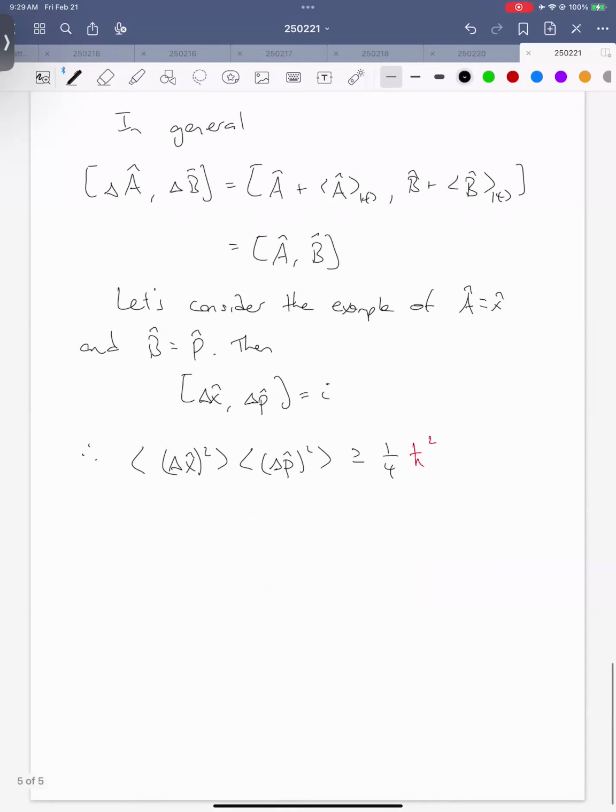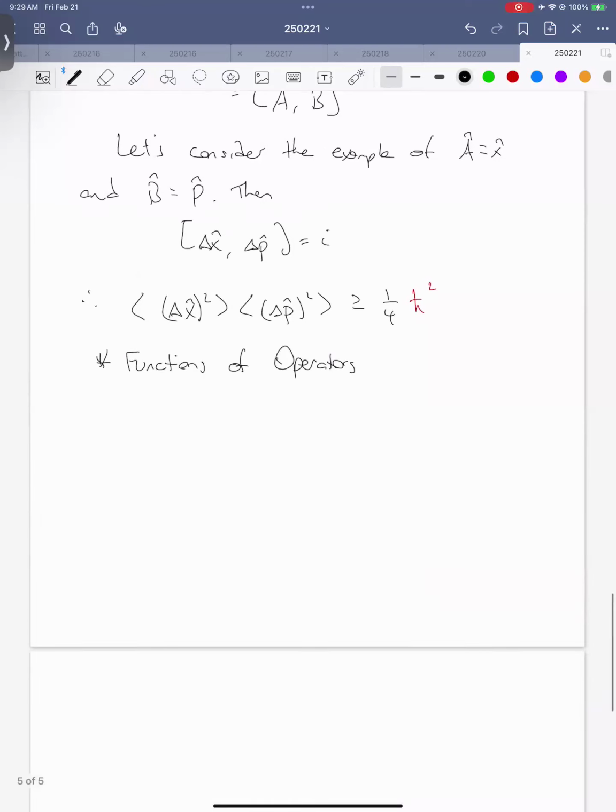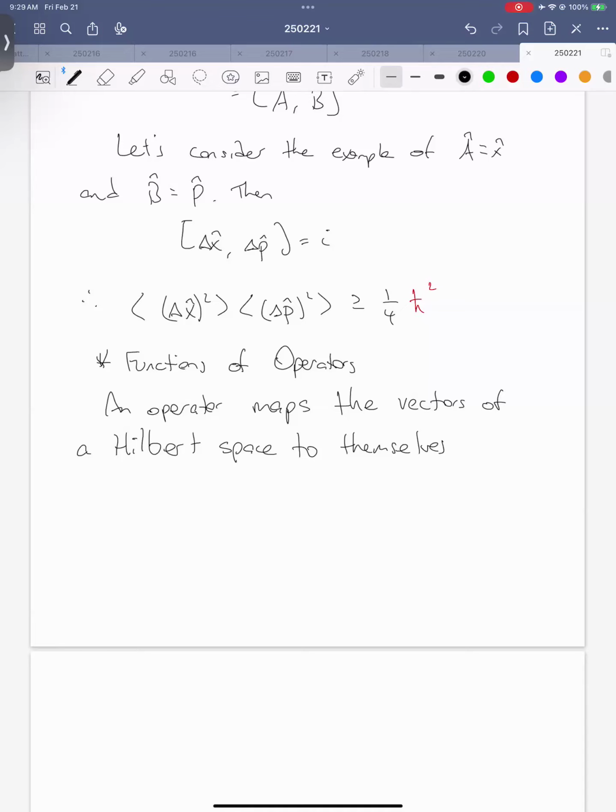Let's move on to the functions of operators. All right. So we have that an operator maps the vectors of a Hilbert space to themselves, right?